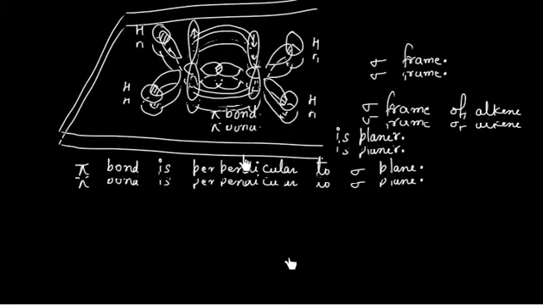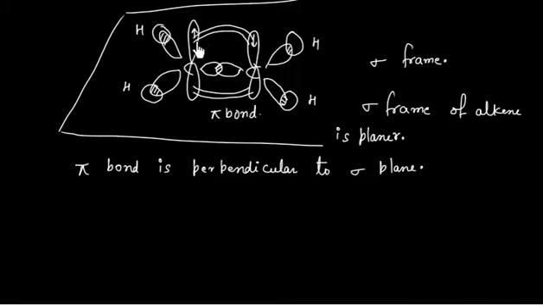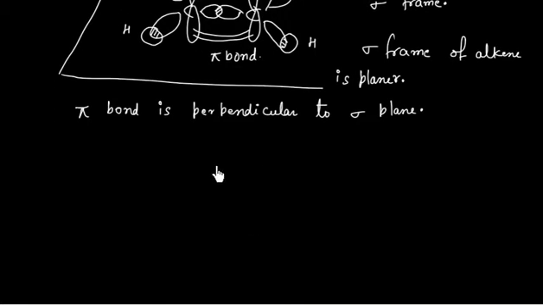So we can show some electron cloud on the top of this plane and some electron cloud on the bottom of this plane. So we can show this carbon hydrogen bond: one bond is inside, another bond is outside, and we have a bond in plane.